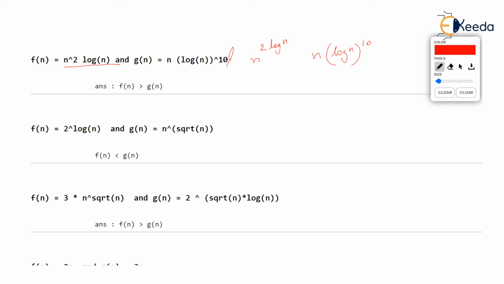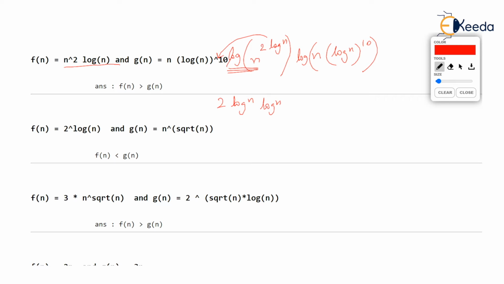If I take log of this entire thing, this is log of n raised to 2 log n, isn't it? So you know that the exponent will come down. So we will have 2 log n and then log n will remain. The exponent will come down.